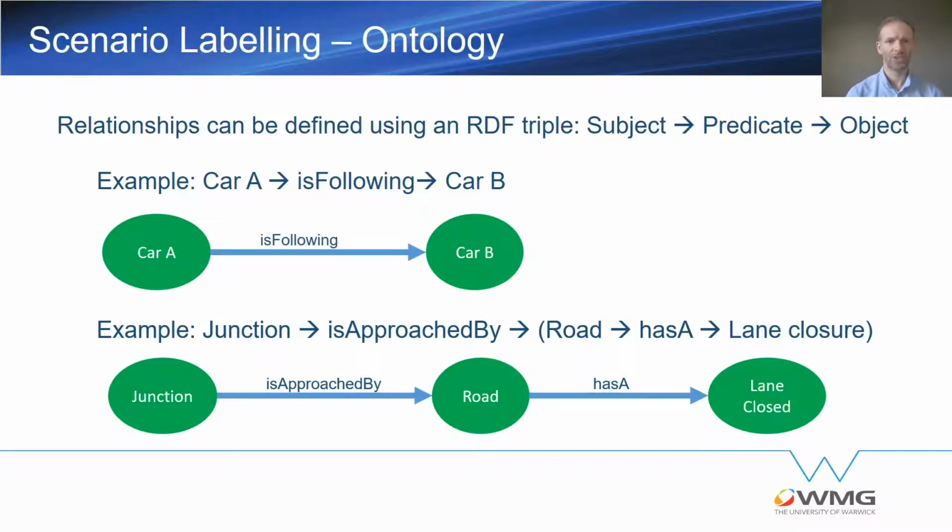Going back to our previous search that we wanted to do, the relationships between the junction and the closed lane could be represented by an RDF triple in the label set, which would then allow this information to be searched on. So by including triples in our label set, we can give the user the ability to perform more complex searching.